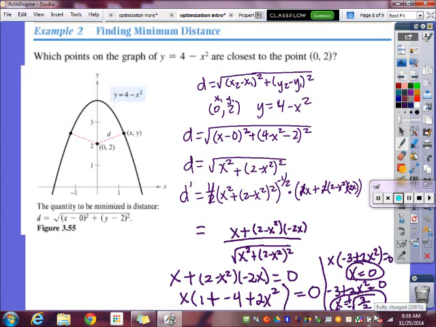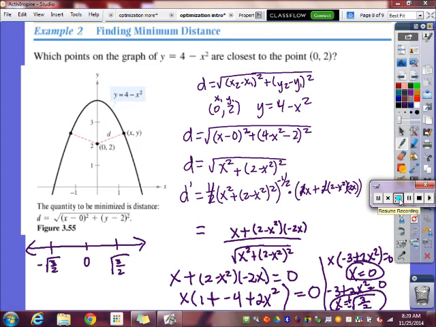At this point, I have to test to see which one yields a maximum or a minimum, and then I would have my coordinates that create the closest distance between the point (0, 2) and the curve y equals 4 minus x squared. The next thing I'm going to do is create a sign chart to determine maximums and minimums.